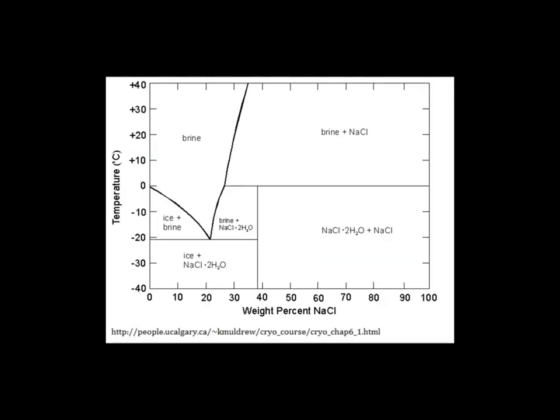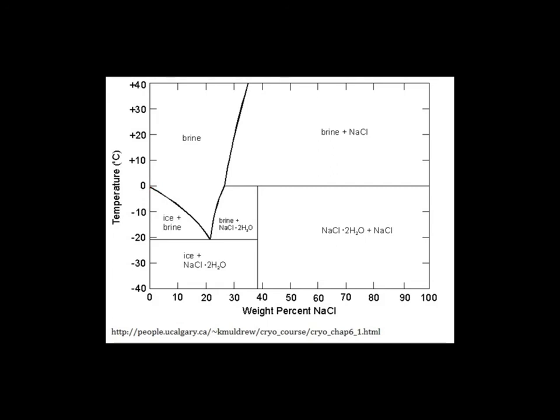We can look at one more example phase diagram which has some technological relevance, although the technology here is rather low-tech. So this is the phase diagram for water and salt, and this is weight percent salt. So here's pure salt, and over here is pure water, and so we see here the melting point of water.